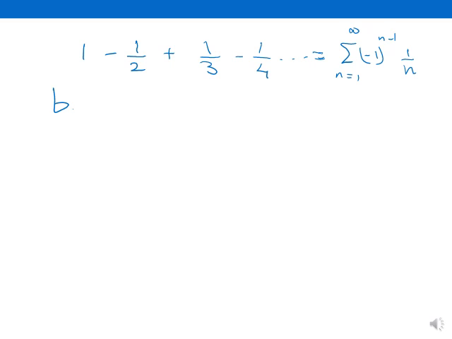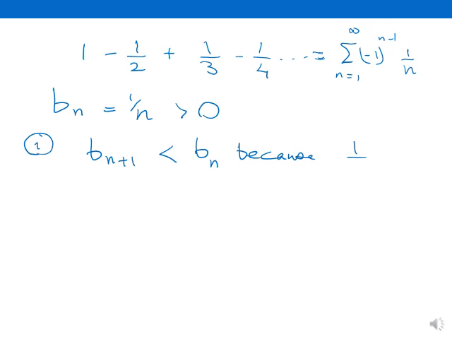We're dealing with bn, which is equal to 1 over n, definitely positive, and the first condition, that bn is a decreasing sequence, is satisfied, because I know that 1 over n plus 1 is definitely less than 1 over n. Here the denominator is bigger, so the term is less than 1 over n.